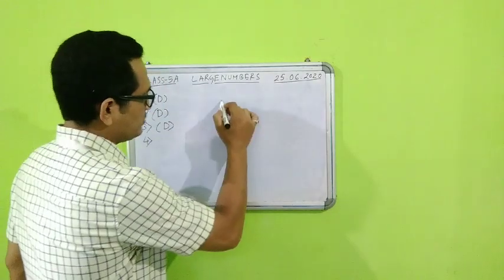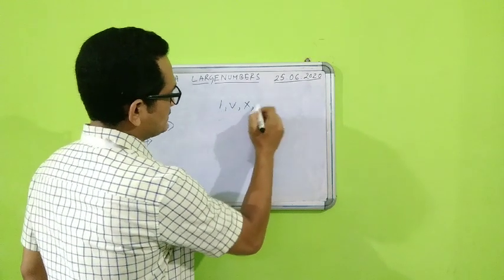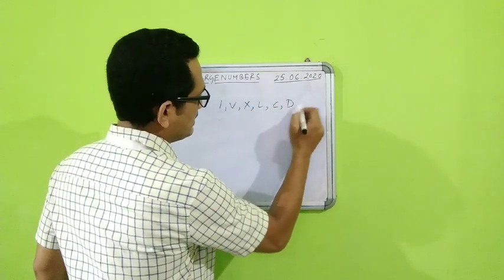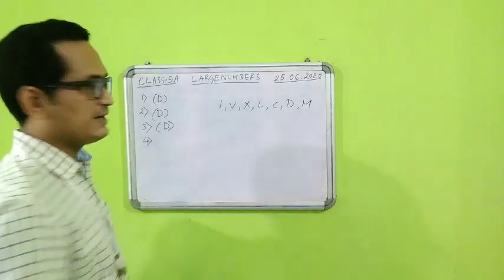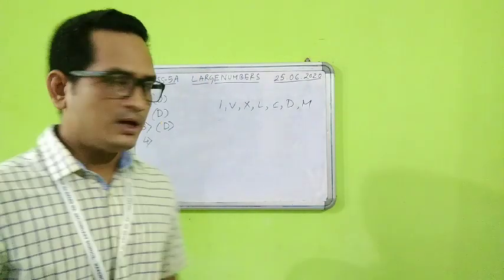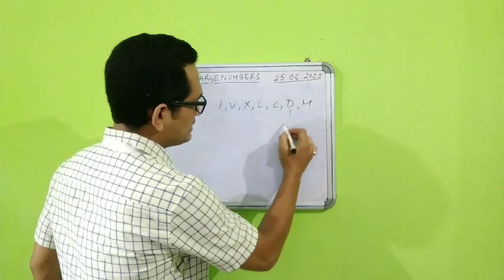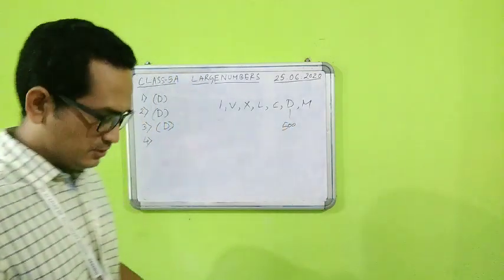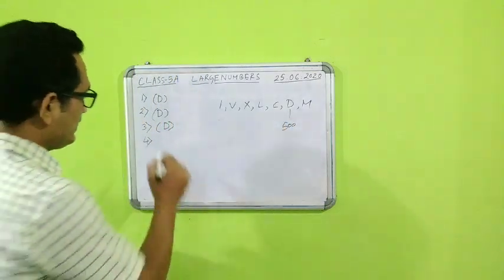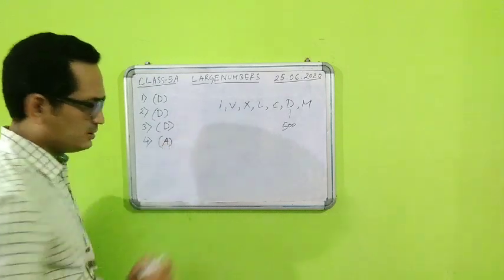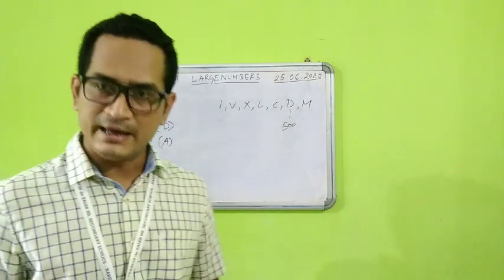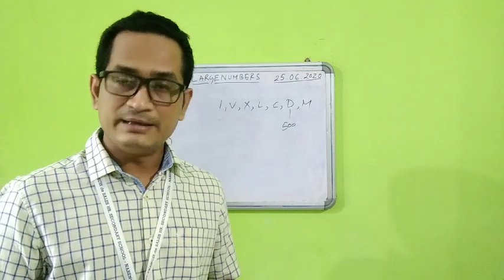So that is what we got: I, V, X, L, C, D and M. Out of these 7 letters, they are asking D. Now D stands for 500. So question number 4 is option A, that is 500. D means 500.